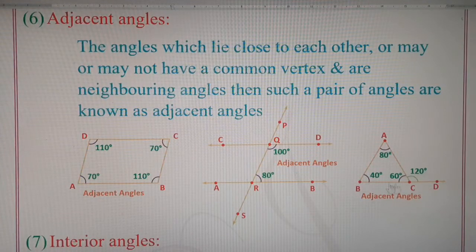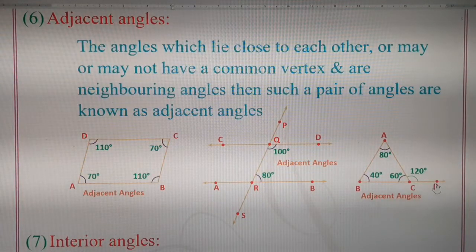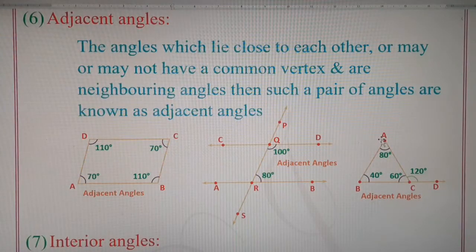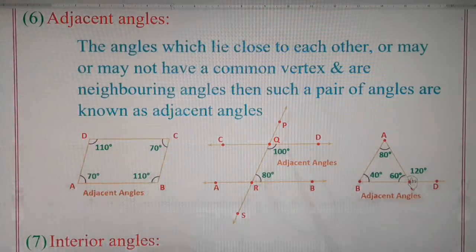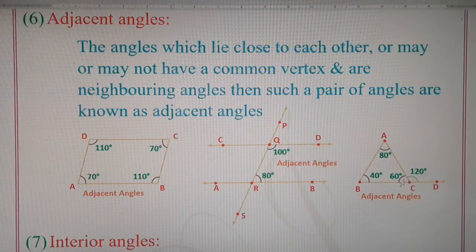Here the straight line BD has two angles, and those two angles are angle ACB and angle ACD. So angle ACB and angle ACD are said to be neighboring angles or adjacent angles, and they also form a linear pair of angles.